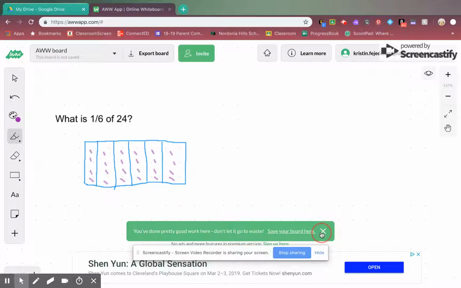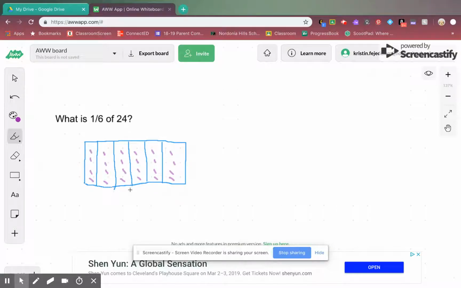So I have 24 counters in the whole rectangle.